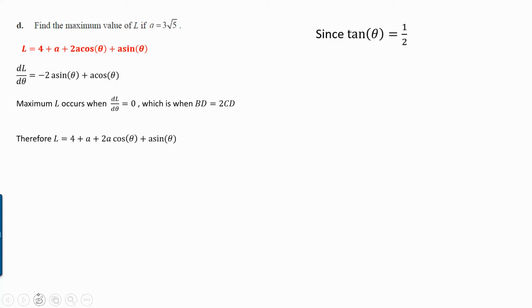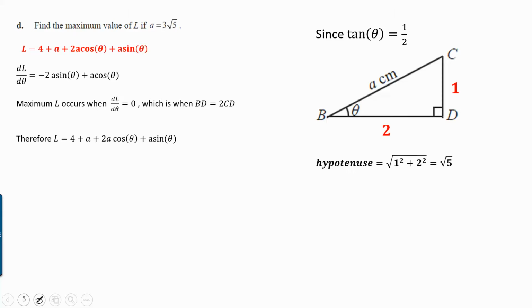Since you know that tan θ equals 1 on 2, or you can use your previous property BD equals 2 CD, then you could say the hypotenuse, using Pythagoras' theorem, is 1 squared plus 2 squared equals 5, so hence it's root 5.